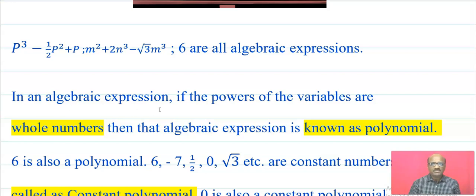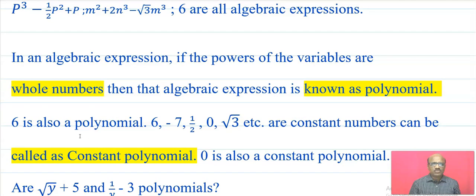In an algebraic expression, if the powers of the variables are whole numbers, then that algebraic expression is known as a polynomial. In the first polynomial, the variable is p. In the second polynomial, the variables are m, n, and the last one is a constant.